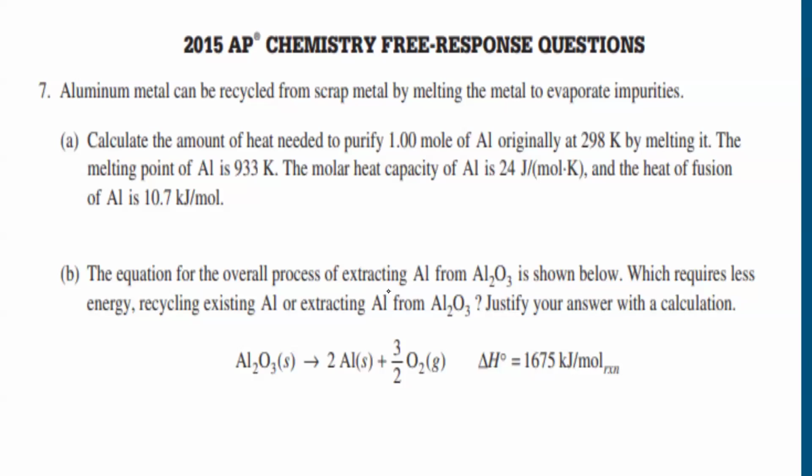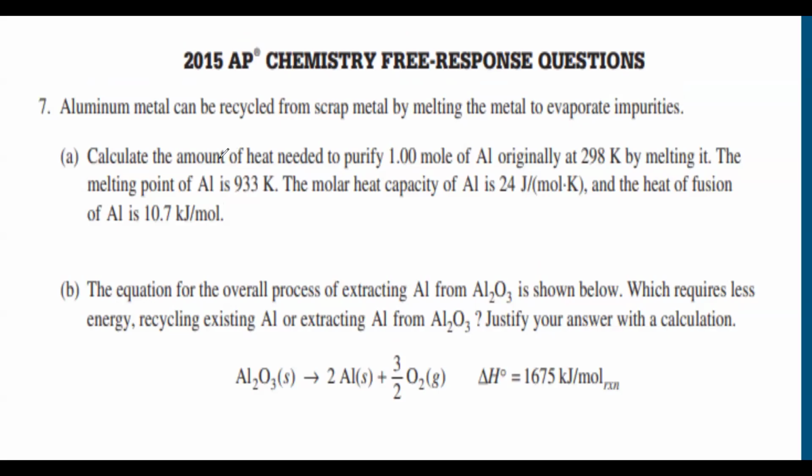So let's take all this stuff we've learned so far and put it together in this question. I recommend pausing for a second, trying this out, and then I'll take you through both parts. It says calculate the amount of heat needed to purify a mole of aluminum at 298 K by melting it.